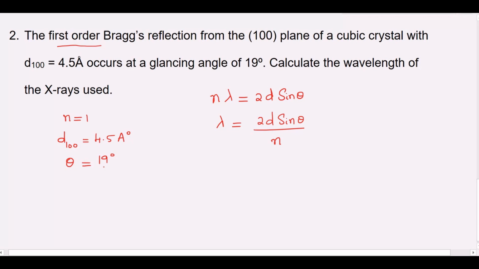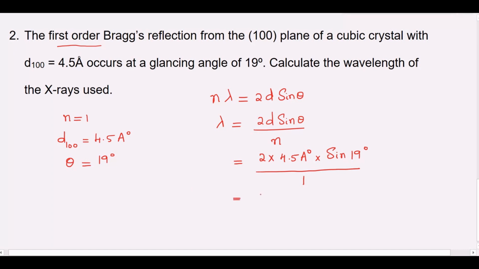We have to calculate the wavelength. So lambda will be equal to 2 into 4.5 angstrom into sine 19 degree divided by n, and n is 1.